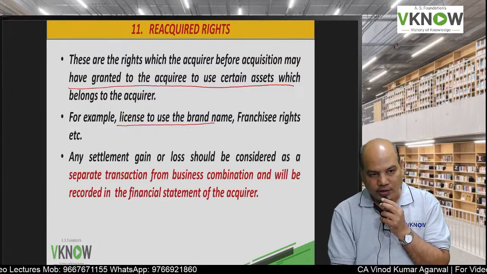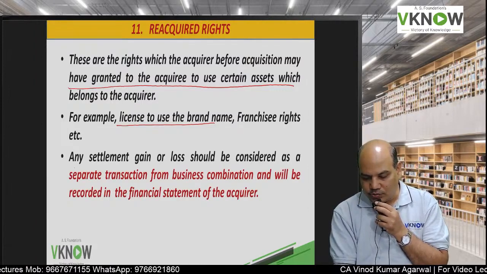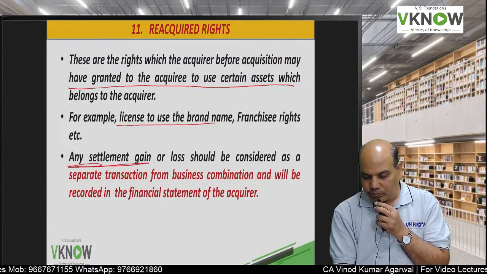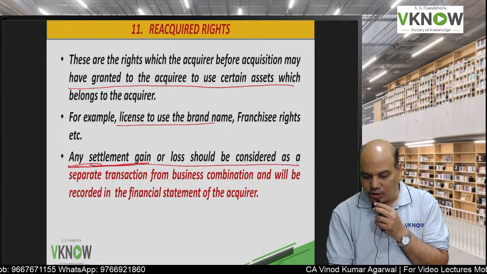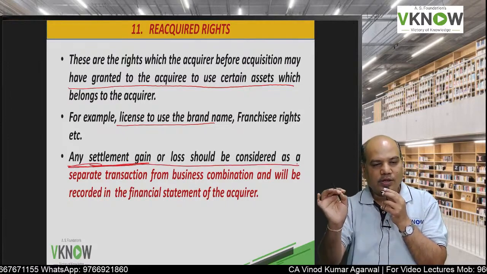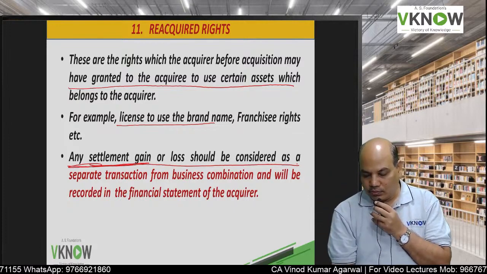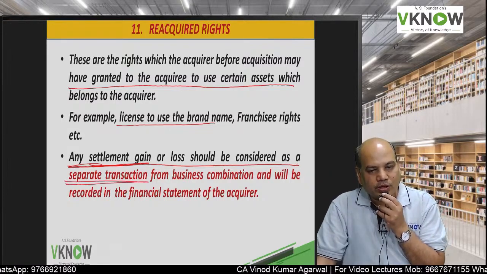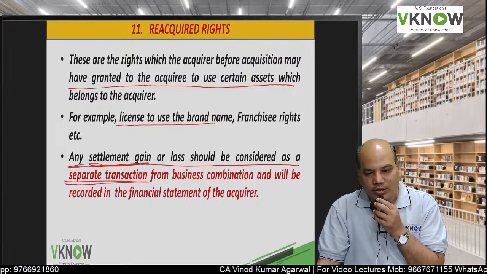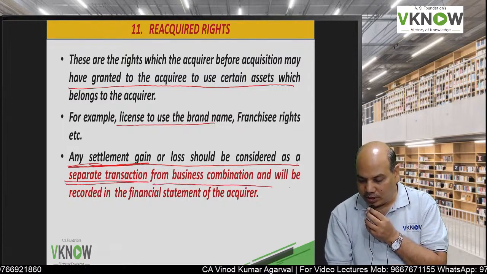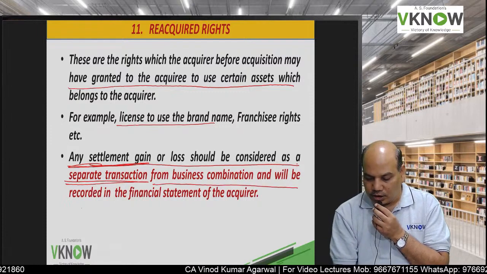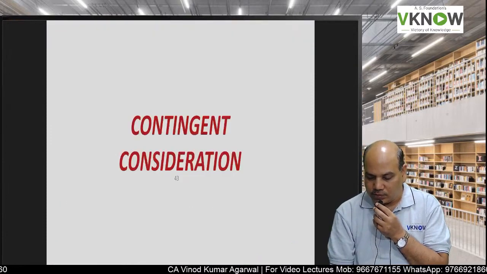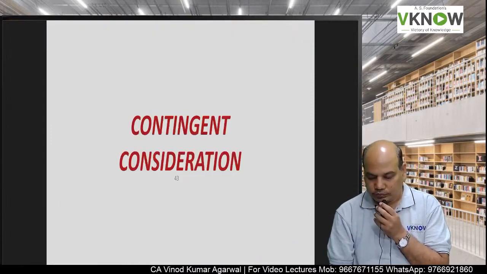So now this pre-existing relationship will be cancelled, and any settlement gain or loss will be treated as a separate transaction, because it is settlement of a pre-existing right, and will be recorded in the financial statements of the acquirer.